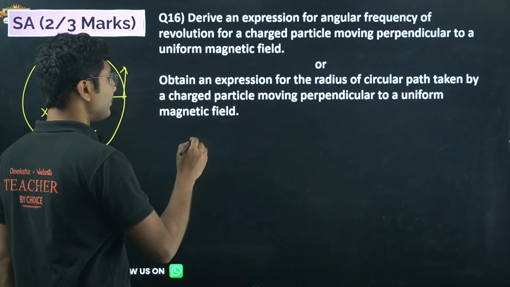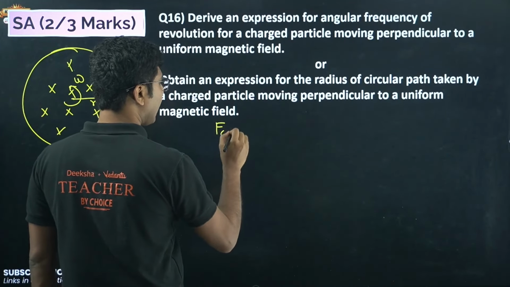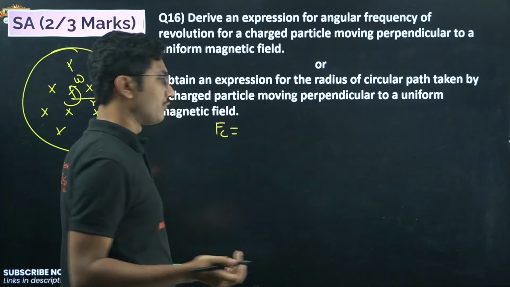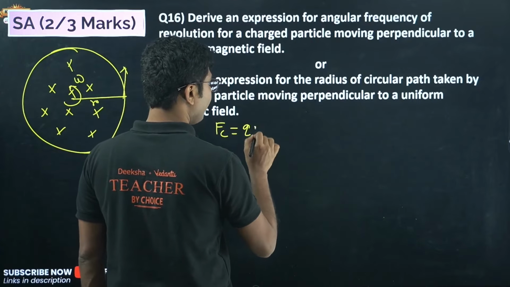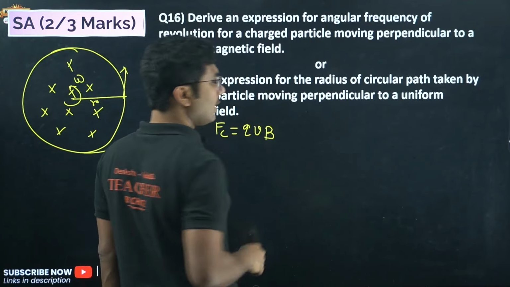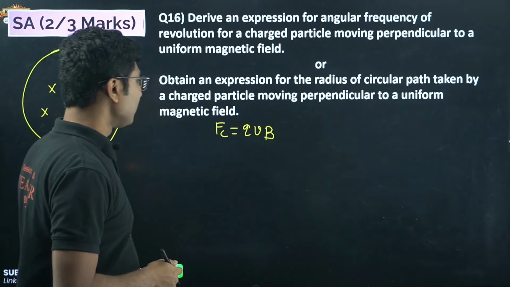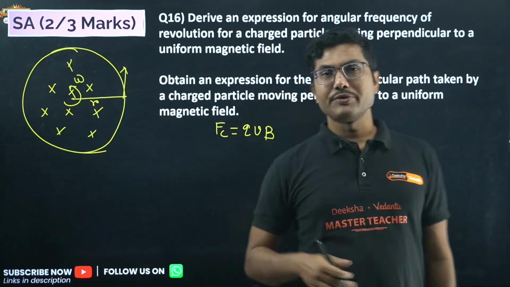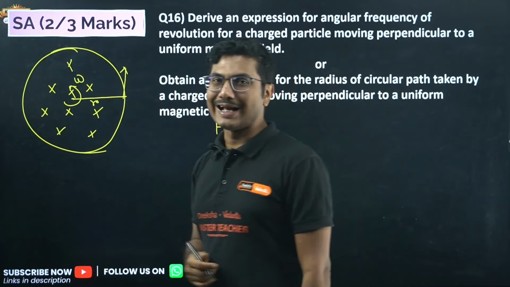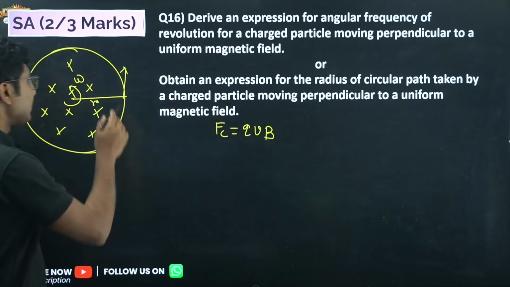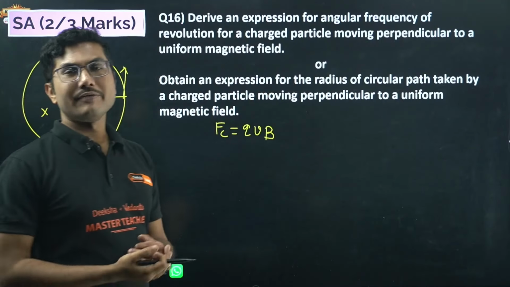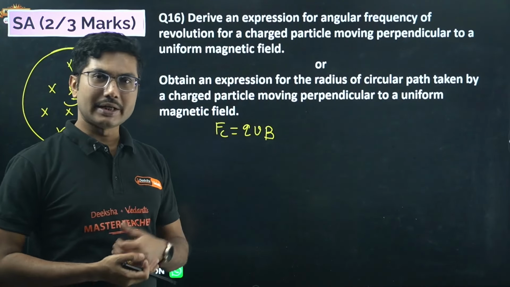In this case, the centripetal force is provided by the Lorentz force, that is Q into V into B. QVB sin theta, where theta is 90 degrees, the angle between the velocity vector and the magnetic field vector. So sin theta is 1.